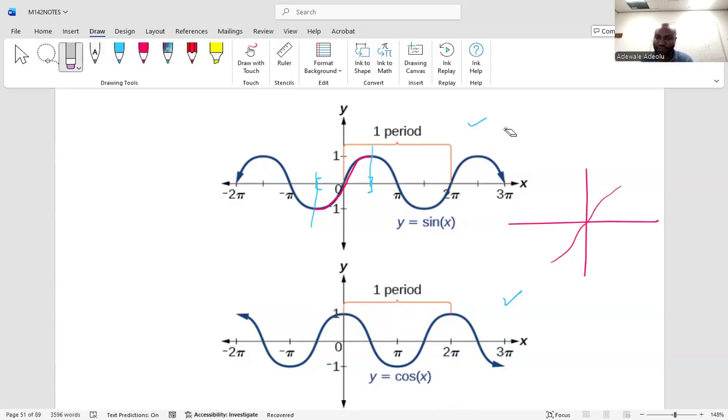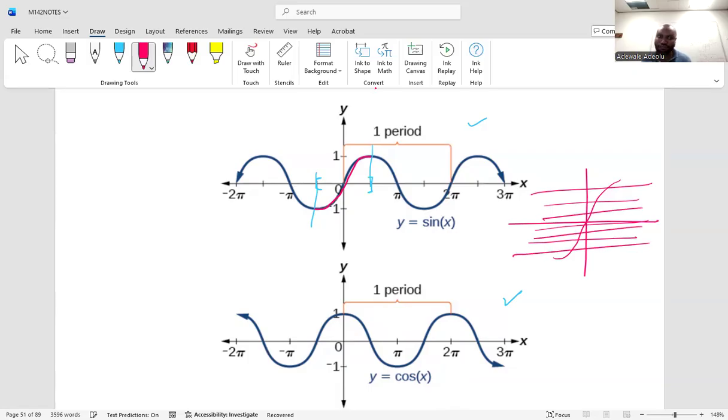Not as beautiful as I want, but let's say something like that. Now, the question is, is this one-to-one? Yes, this is one-to-one now because the function passes the horizontal line test.